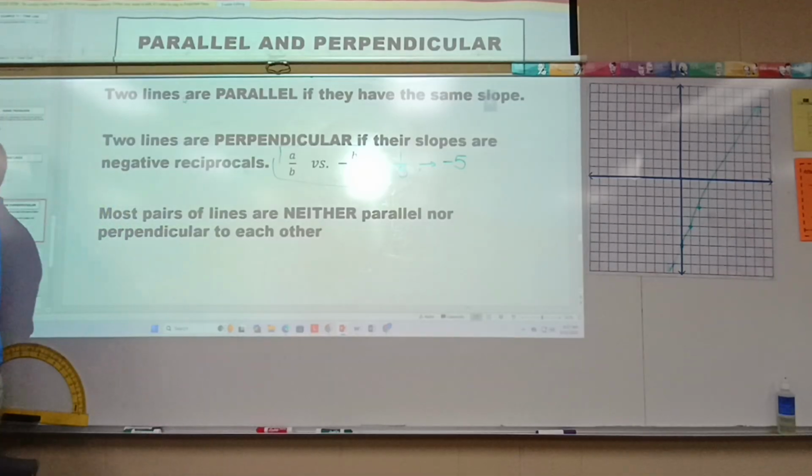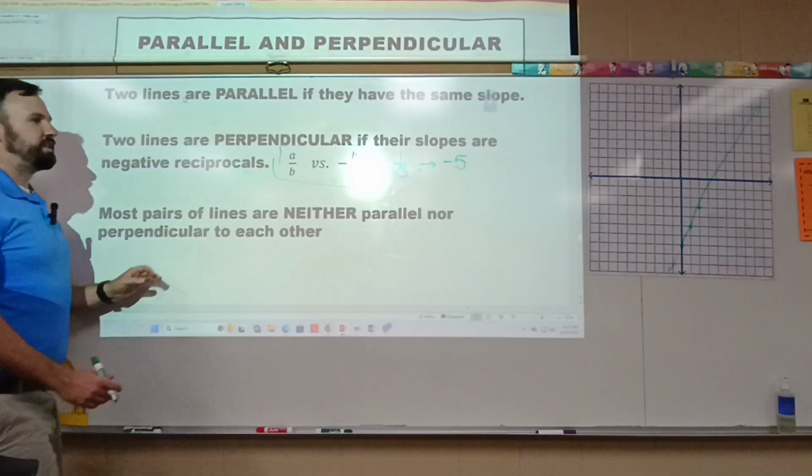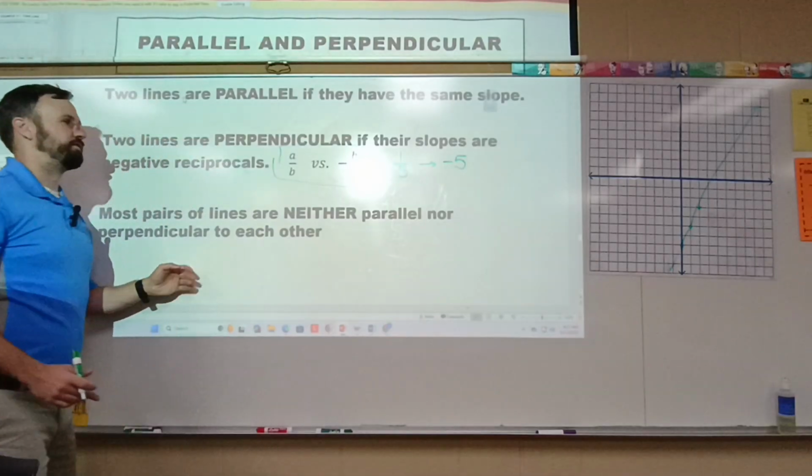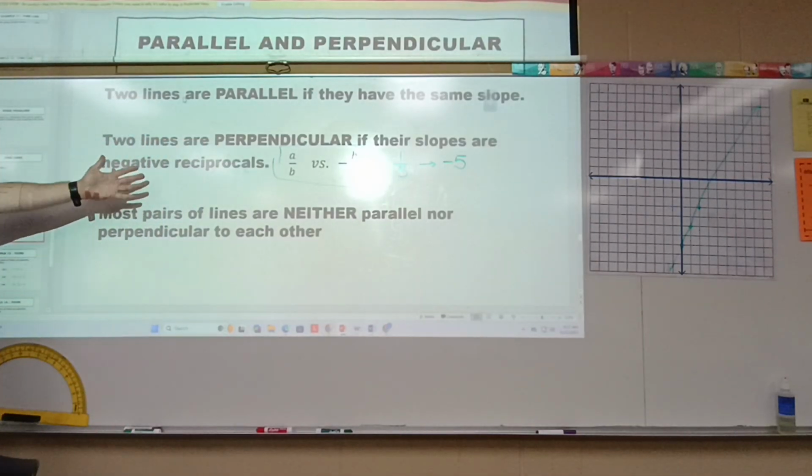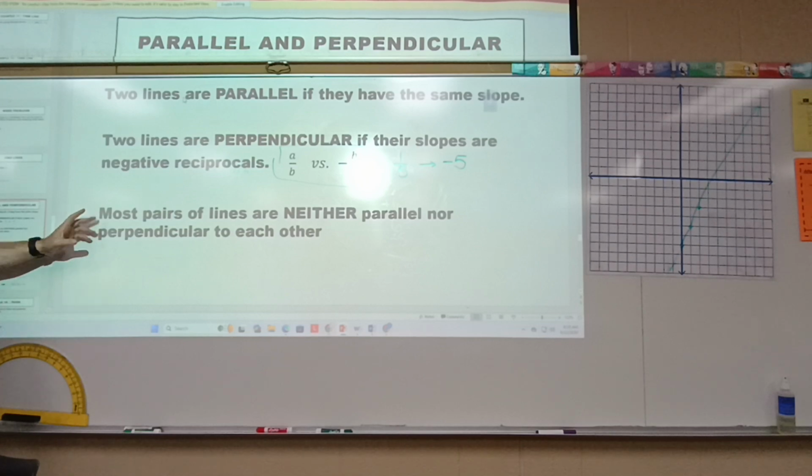If you multiply the 2 slopes, they're perpendicular if they equal -1 when you multiply them. That's the actual definition for that. But you can say opposite reciprocal is fine too. And if it's not that and it's not that, it's neither. All right. Let's do it.